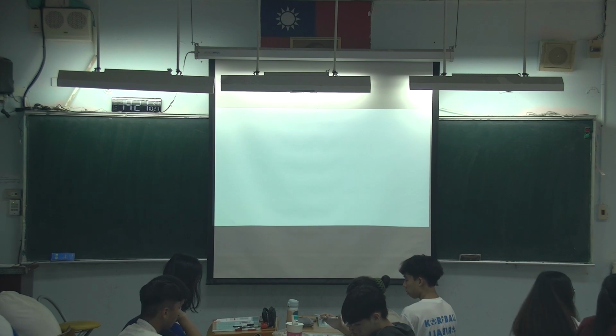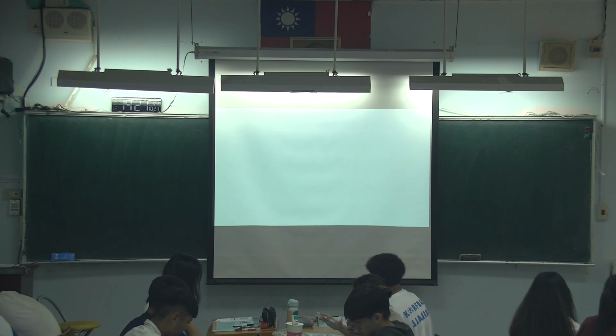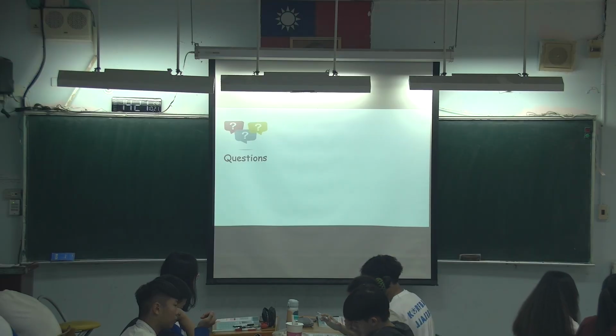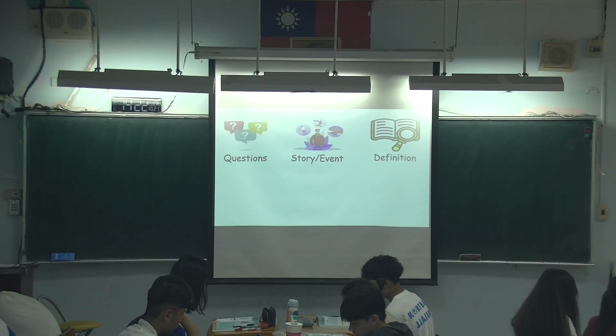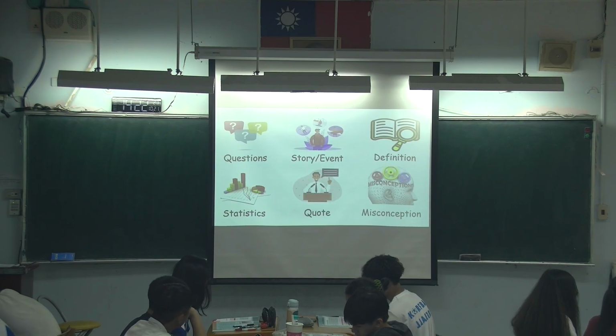I'll start with the first one, okay? So the first one is what? Questions. Now, what about the next one? Story or event. Very good. Next one, definition, statistics, quote, and the last one, misconception. Okay? So here are 6 common ways or techniques that you can use to start a hook.